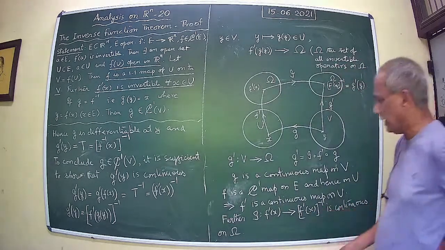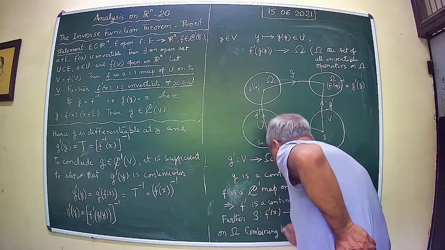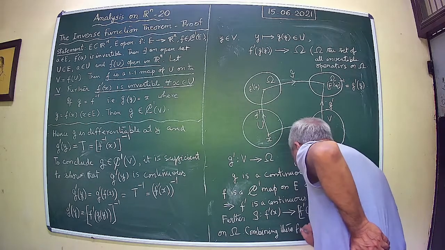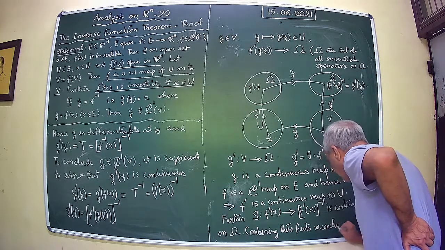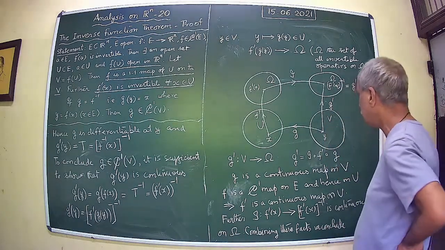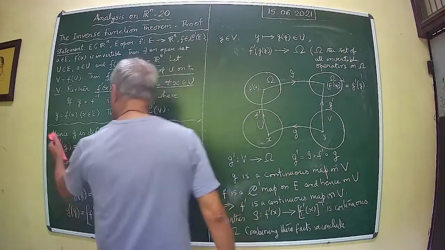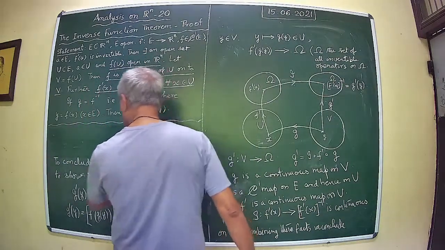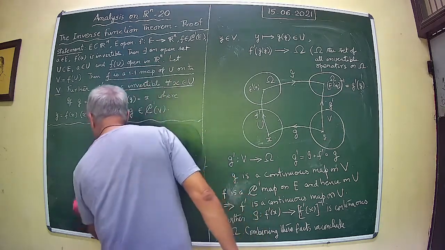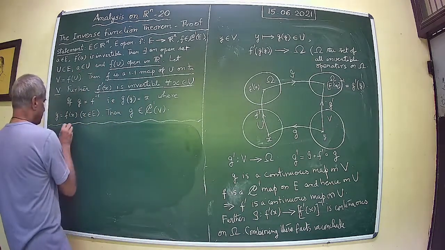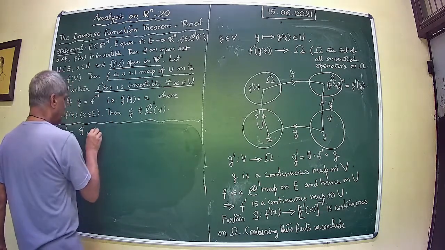So combining these facts, we conclude G prime equals the inverse map composed with F prime composed with G.